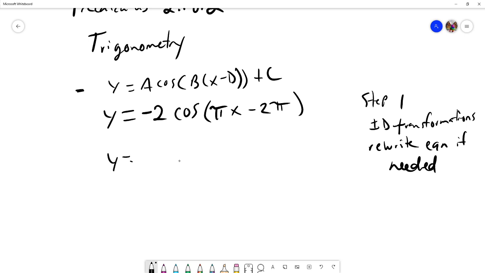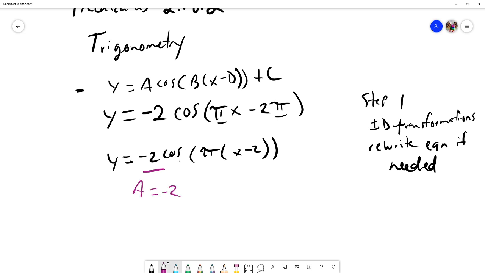To rewrite this, what we need to do is factor out this pi term here, because that is the common term. If we factor out the pi, then we get x minus 2. And that shows us really what's going on. Actually, before we do that, we should use different colors. So we can see a is equal to negative 2.